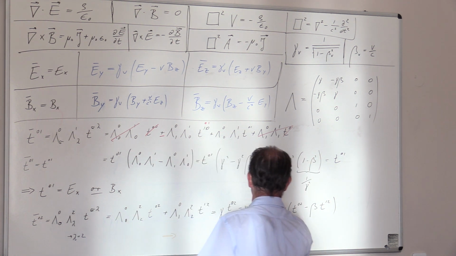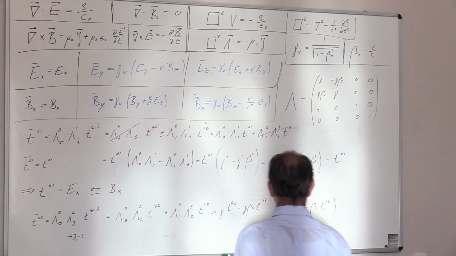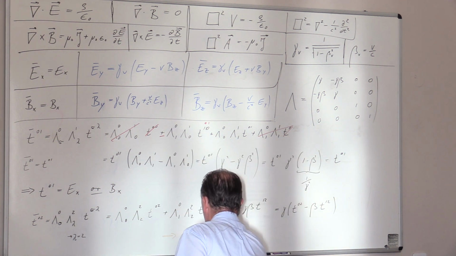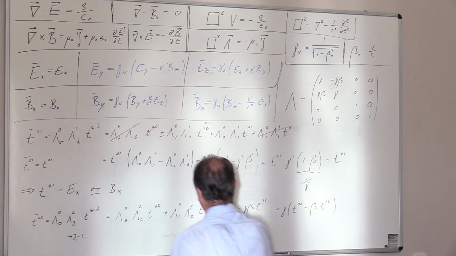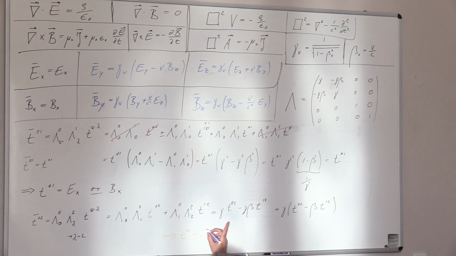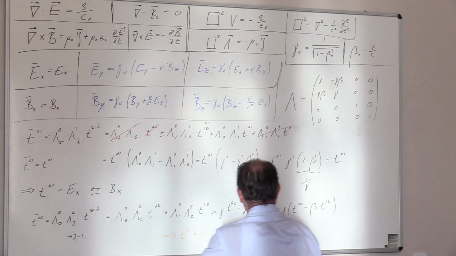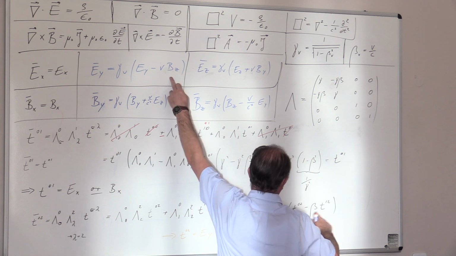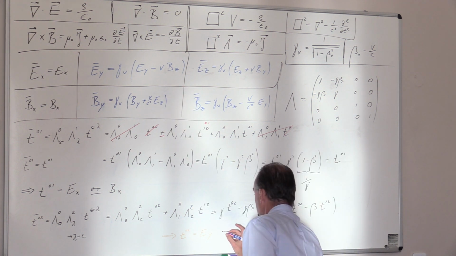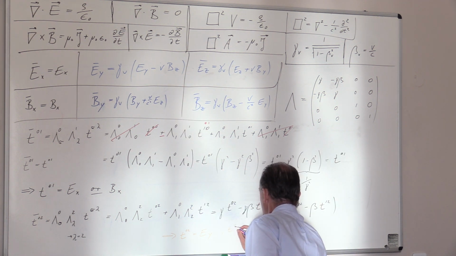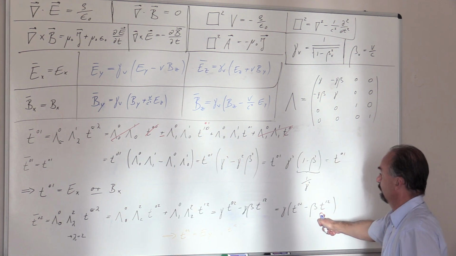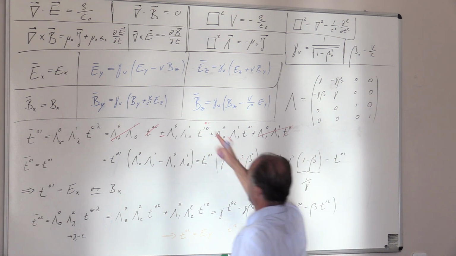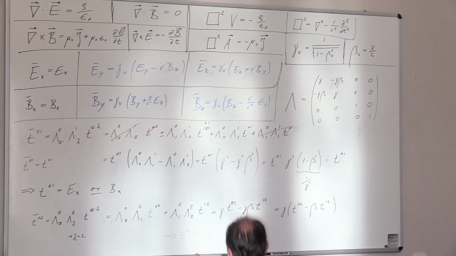We can have T02 could be, well, what we have here, that could be Ey. That means that T12 must be Bz modulo some C, right?